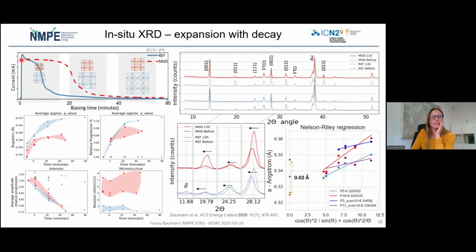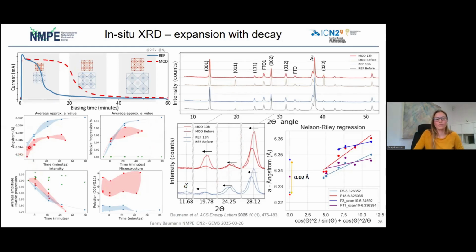But what we see is that first there's a small increase in the current followed by a sharp decay. And this is seen both for the reference and the modification, but a little bit in accordance with the improved stability of the modification, in the modification this happens later. We also see that all of the perovskite peaks shift to the left, and this corresponds to an expansion of the perovskite lattice.